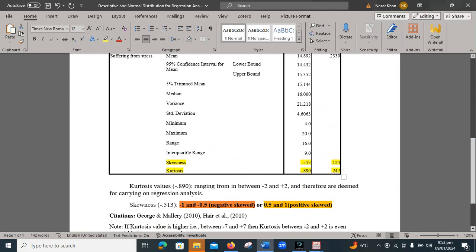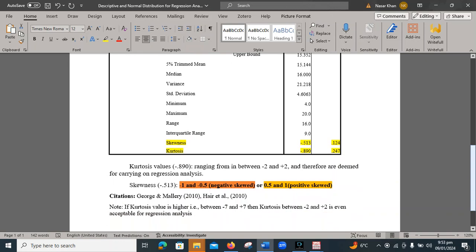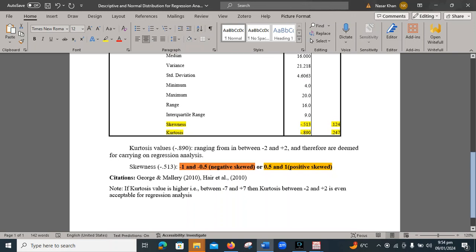The next value is skewness, which is highlighted in yellow color, and kurtosis, which is also highlighted in yellow color. So the value for skewness is minus 0.513, while the value for kurtosis is minus 0.890. Now, how will you interpret it?